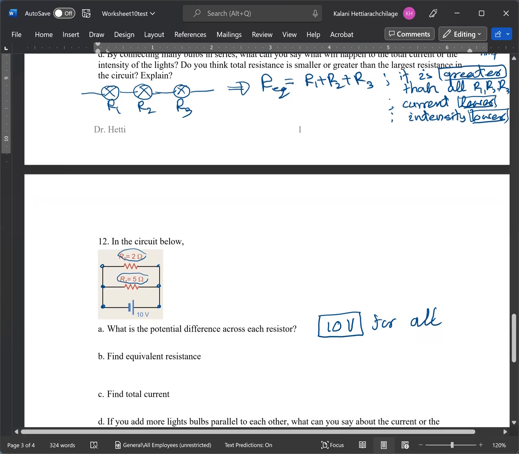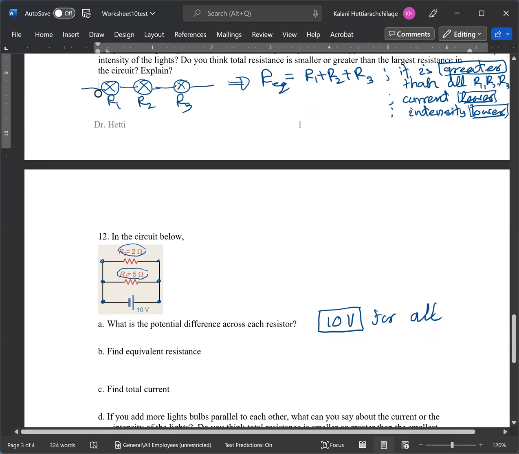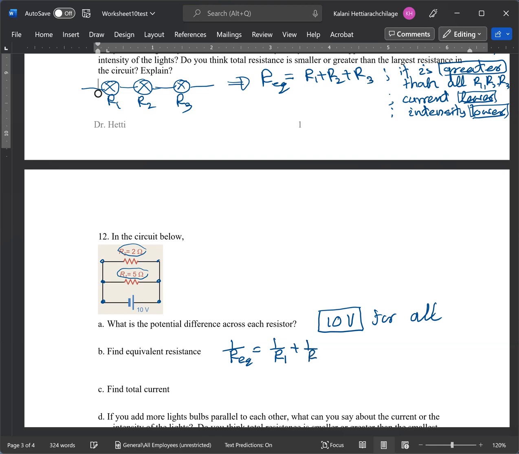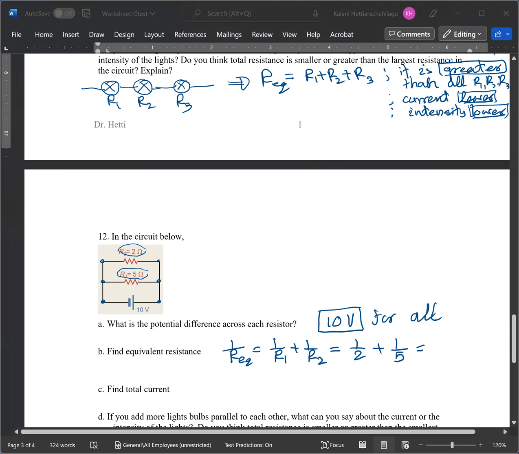So now we need to find the equivalent resistance. As we know, since they are parallel, 1 over R equivalent is equal to 1 over R1 plus 1 over R2. So definitely 1 over 2 plus 1 over 5, and that will give you the net resistance, right?